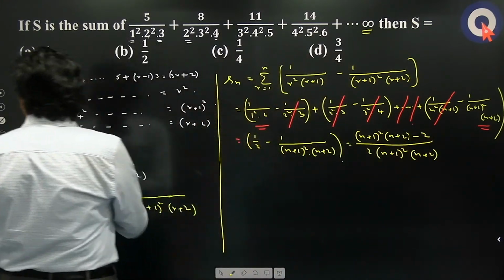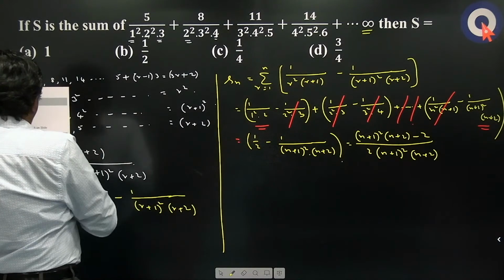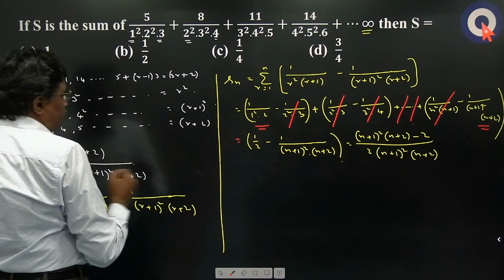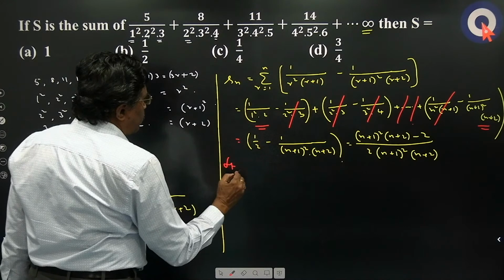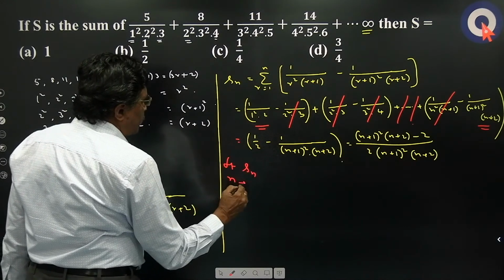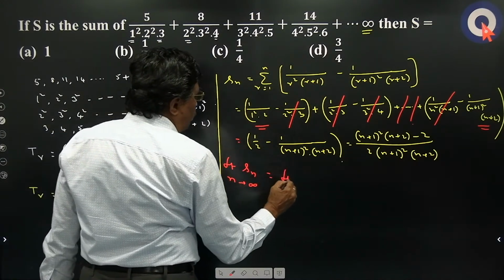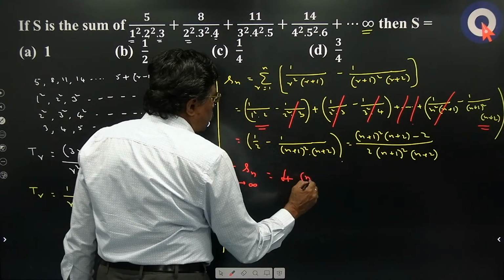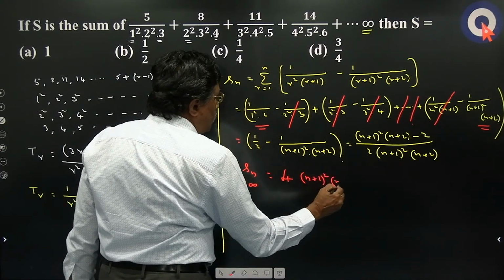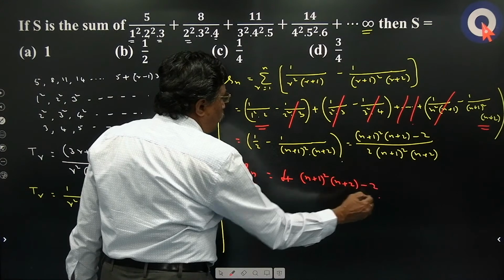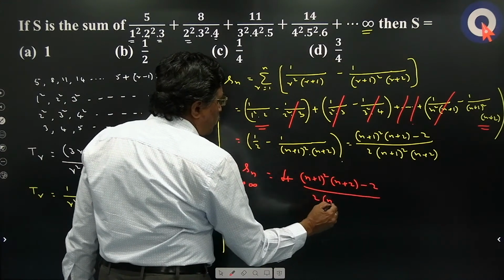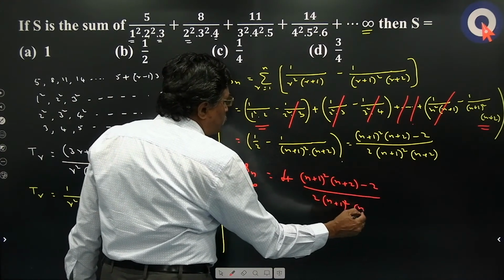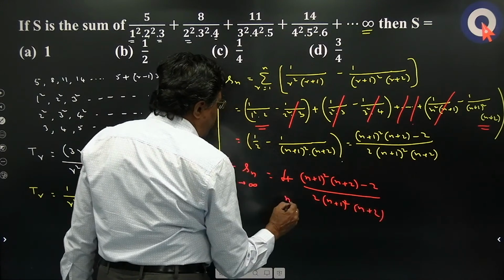Now we need limit of Sn as n tends to infinity. So this is limit of n plus 1 whole square into n plus 2 minus 2 by 2 into n plus 1 whole square into n plus 2, as n tends to infinity.